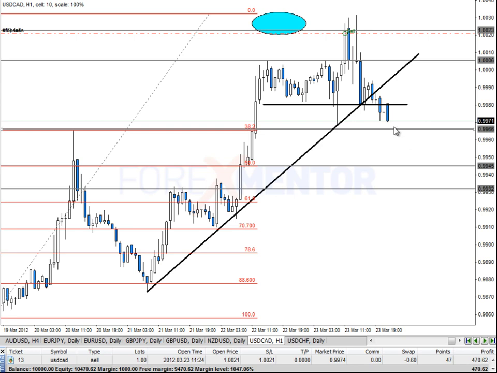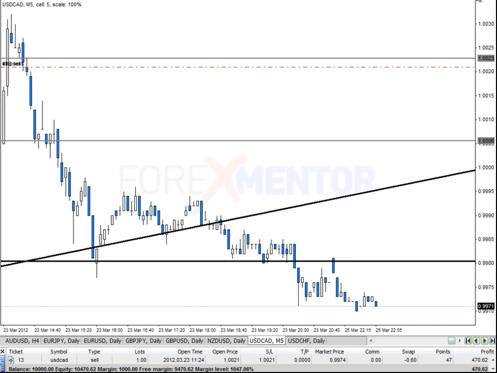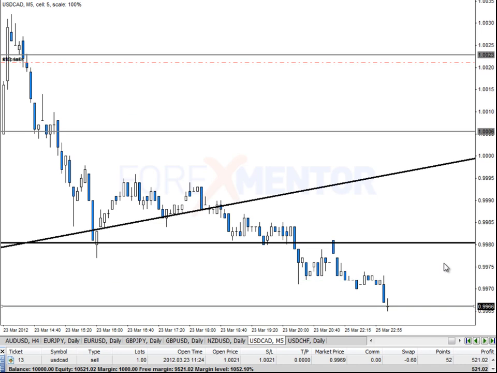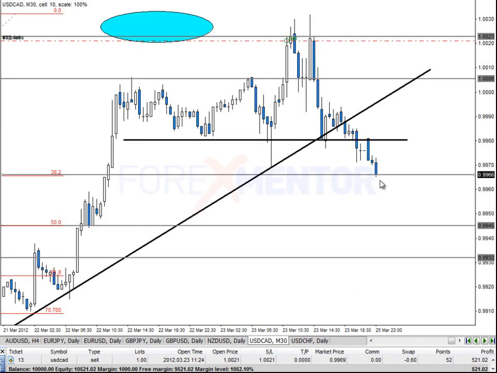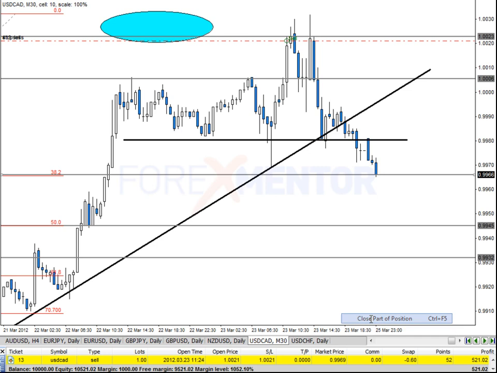Coming down to that 38%, what I want to do is just move to the 5-minute chart, and I want to take some profits out at this level right here. Okay, so just go to that 38% there. I'm going to take half the position off, close part of the position.